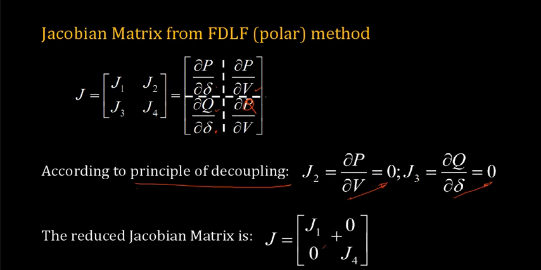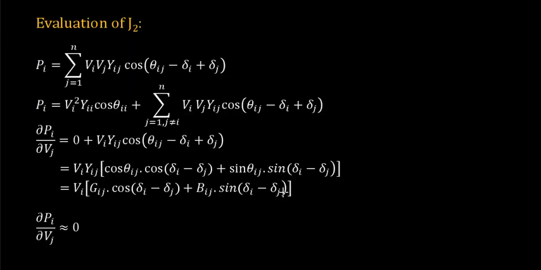So we can say that these two terms will get cancelled out, that is this term as well as this term becomes 0. So you will have only two Jacobian elements. So this is a reduced Jacobian matrix that we consider in case of the fast decoupled method, which simplifies our calculation. Now how can you say that these J2 and J3 are 0? We will just see how that can be explained.